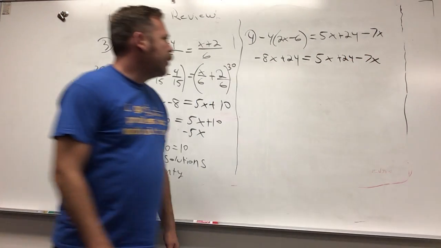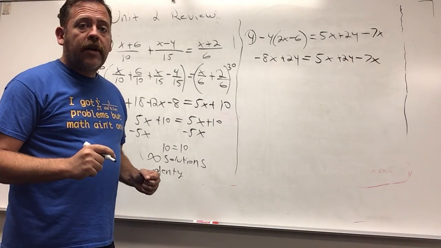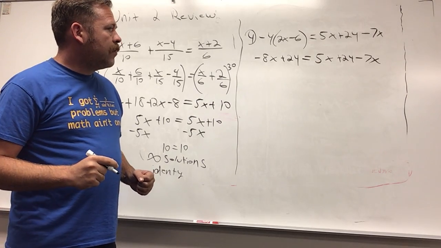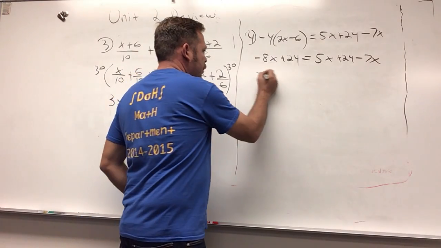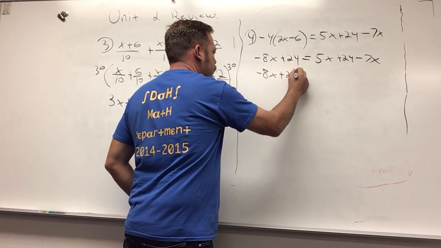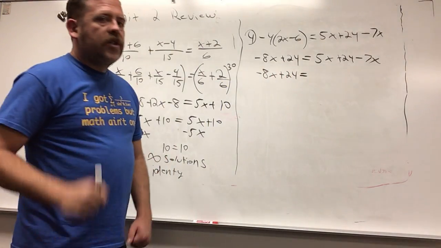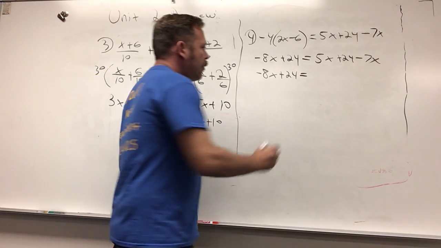All right, we distributed, there's no fractions to clear, but there is like terms to combine on the right side. That would be the two x terms. So nothing's going to change on the left. 5x minus 7x gives me the negative 2x.